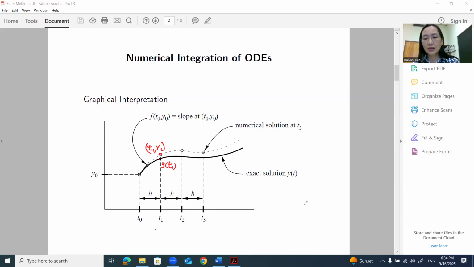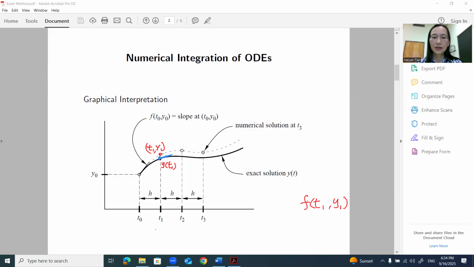If we use this to get a slope, that means if we use the slope function on the right-hand side at t1, y1, that slope is only to approximate this tangent. This is the tangent line slope.